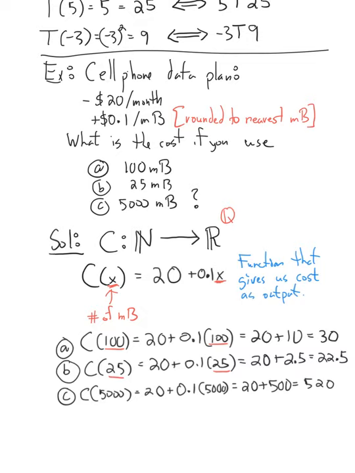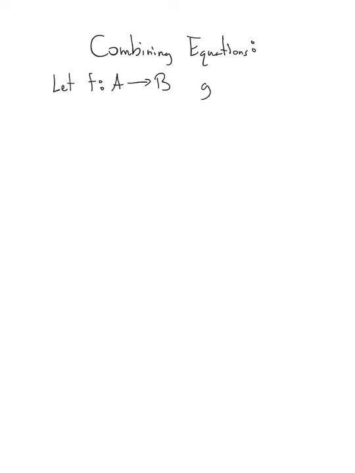So let's look at one more topic. I want to talk about combining equations. Let f be a function from two sets, A and B, from A to B, and g be a function, again from A to B. Then, for sure, what can I say?